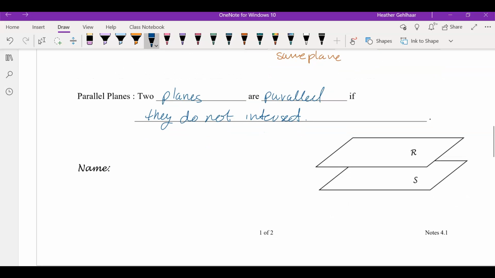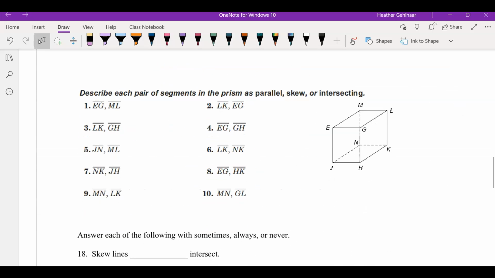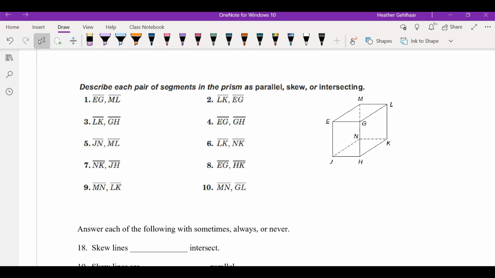Okay, so as you see here, these two planes do not intersect. So if I were to name these, we have plane R is parallel to plane S is how we would write that. Okay, alrighty, so let's go ahead and let's do a couple examples here.